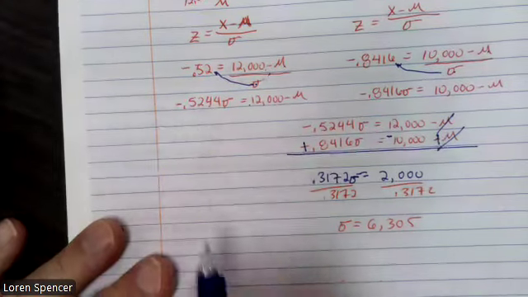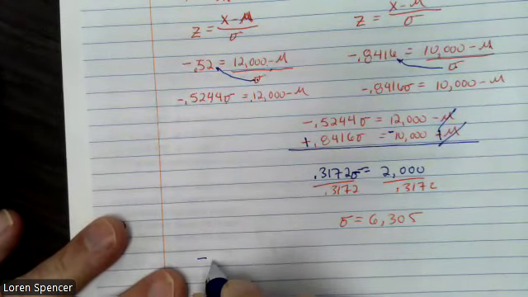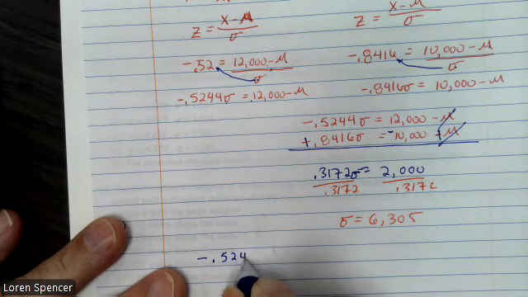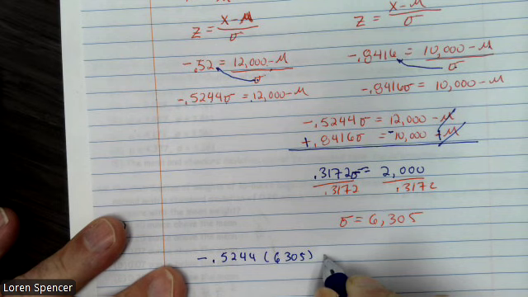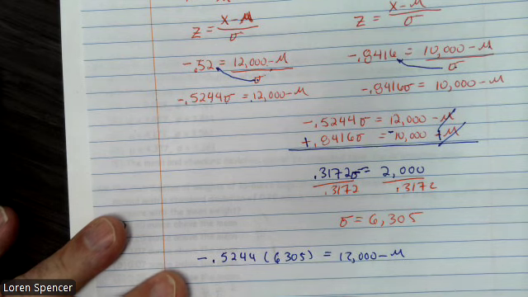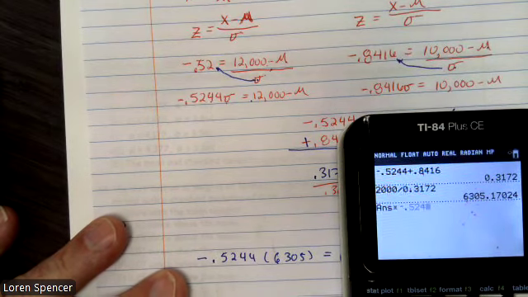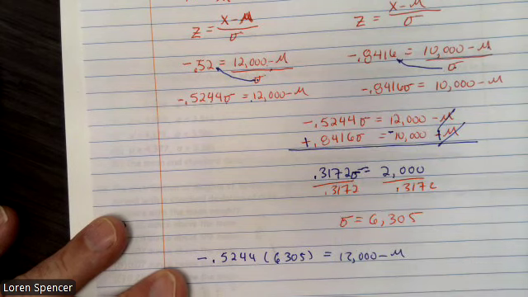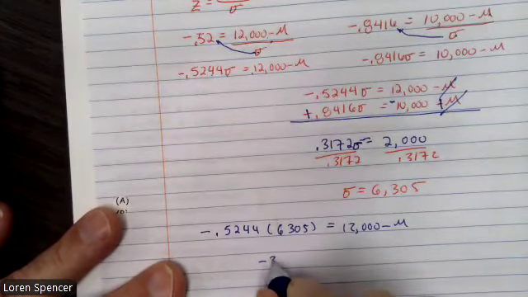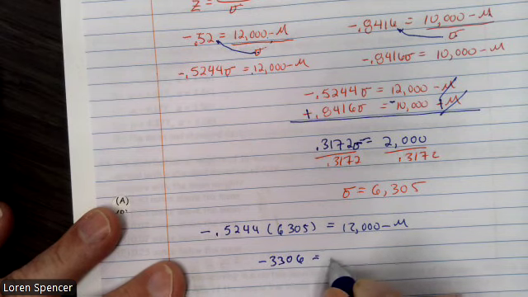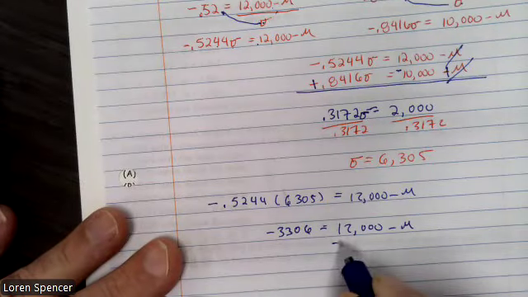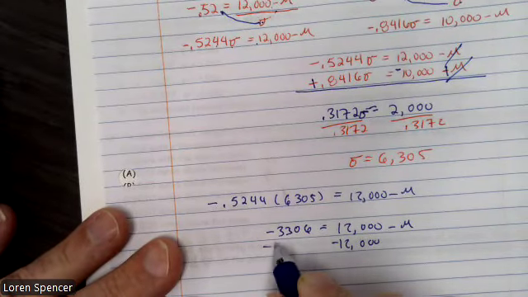So I'm going to plug into this first one, and I have negative 0.5244 times 6,305 equals 12,000 minus the mean. So times a negative 0.5244, that's negative 3306 equals 12,000 minus the mean. I'm going to subtract 12,000 from both sides.